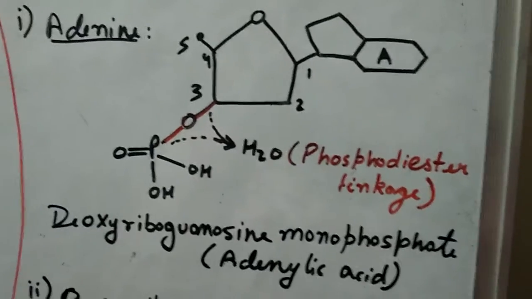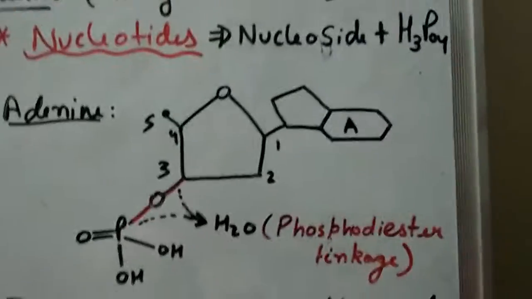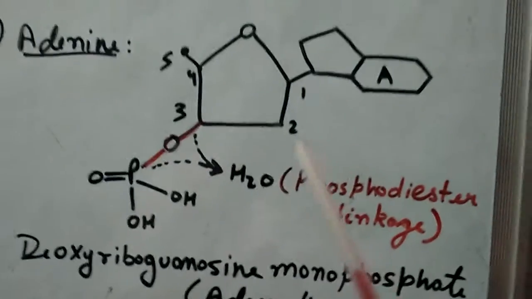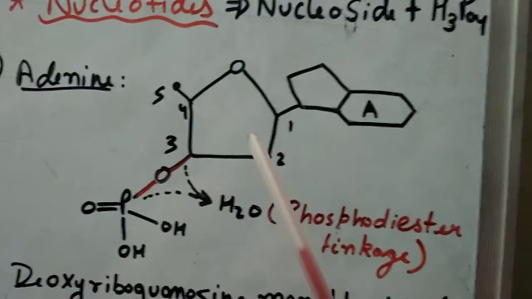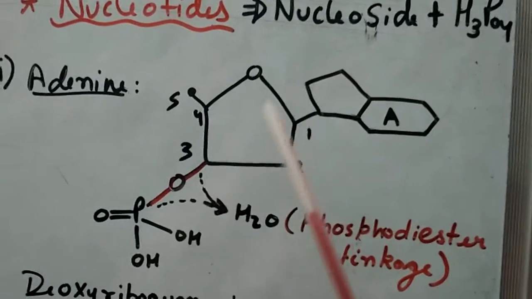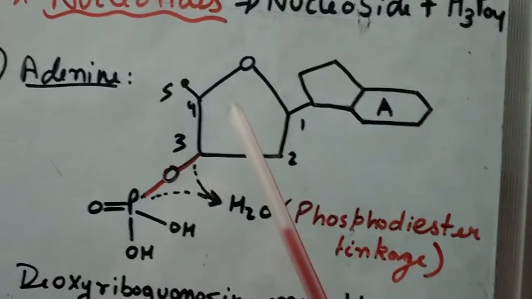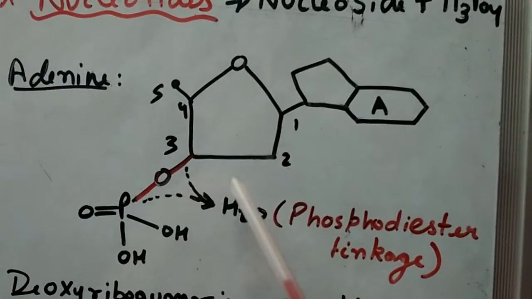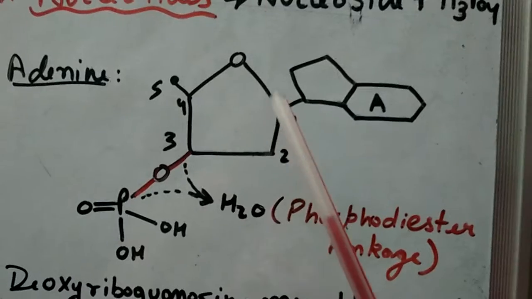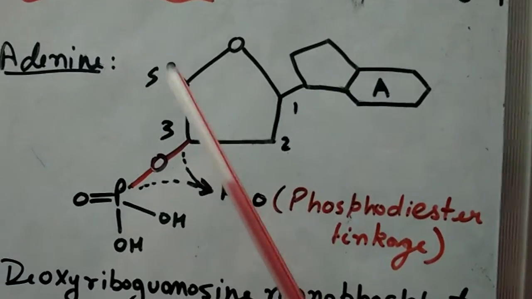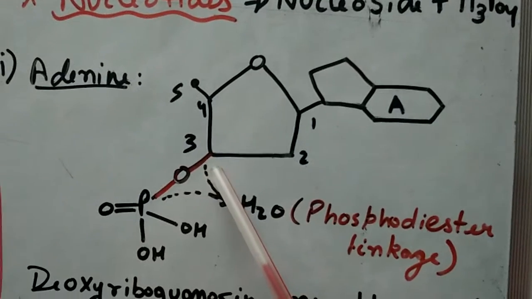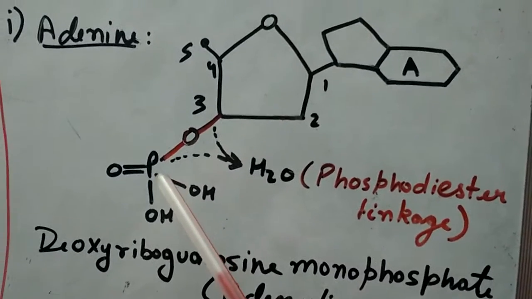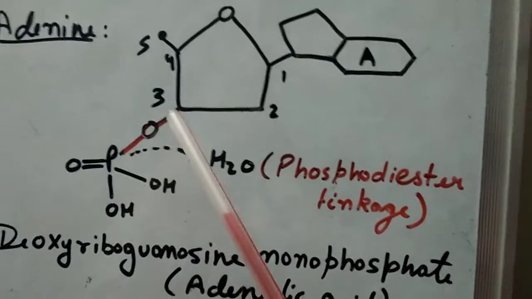I have not drawn all these structures here, but just to give you an idea about a nucleotide, I have drawn only adenine. Just like the nucleoside, attach adenine to carbon number 1, then number the carbons on the ribose pentose sugar 1, 2, 3, 4, 5, and on carbon number 3 the phosphate group is attached, and this is the phosphodiester linkage.